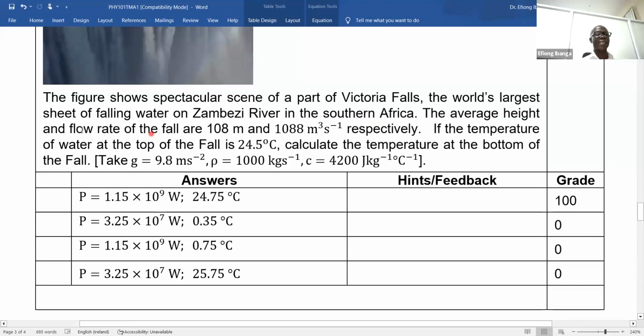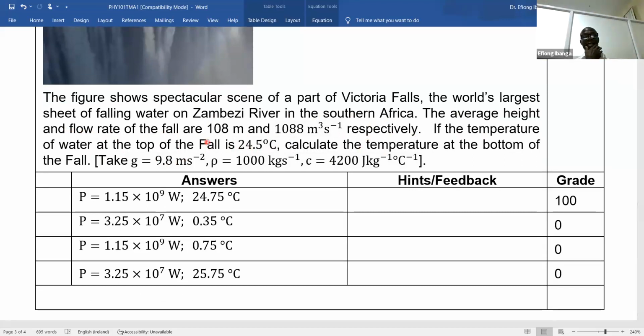The average height and flow rate of the fall are given as this. If the temperature of water at the top of the fall is 24.5 degrees Celsius, calculate the temperature at the bottom of the fall. Now, the assumption is that all of the potential energy at the height is converted to kinetic energy, and therefore thermal energy.